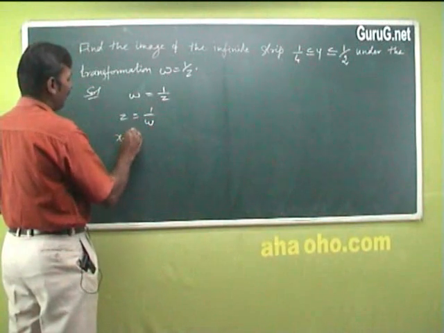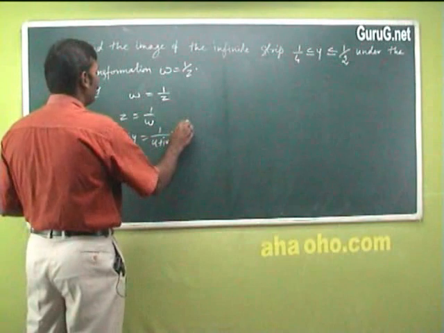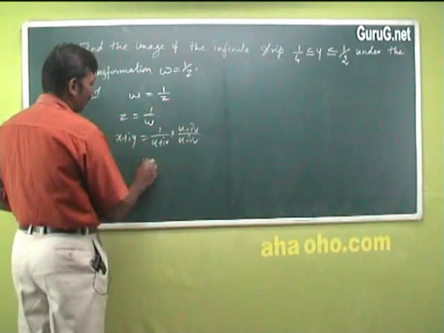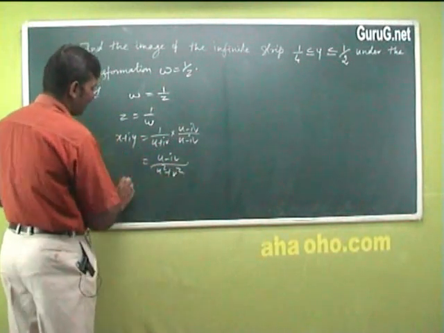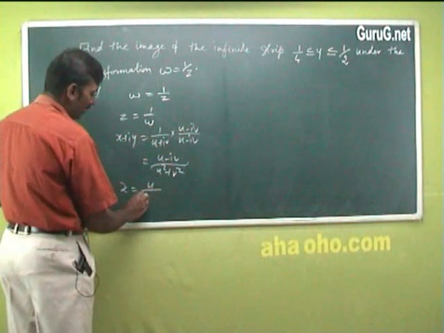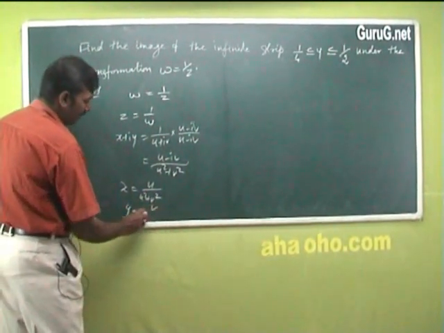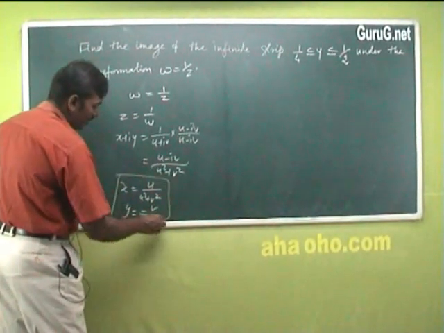So x plus iy equal to 1 by u plus iv, multiplied by u minus iv by u minus iv. So you may get u minus iv by u square plus v square. So x equal to u by u square plus v square and y equal to minus v by u square plus v square. So this is the transformation equation.